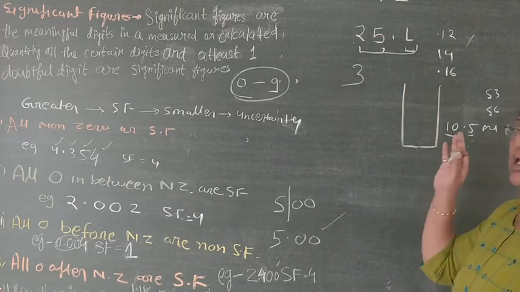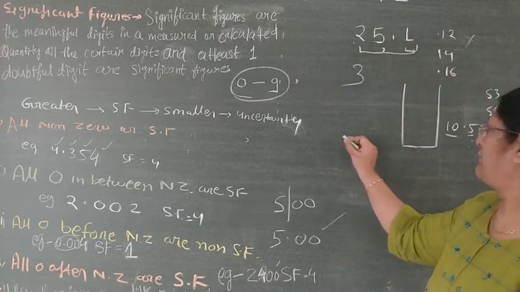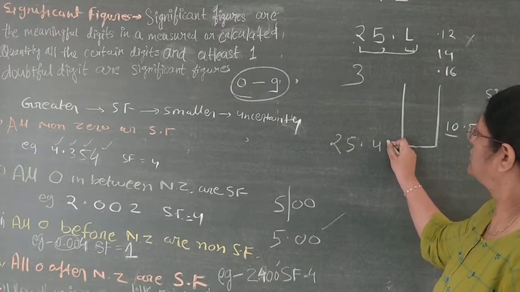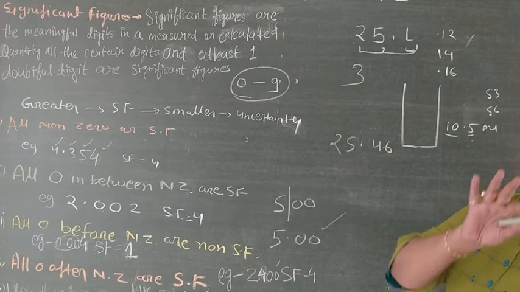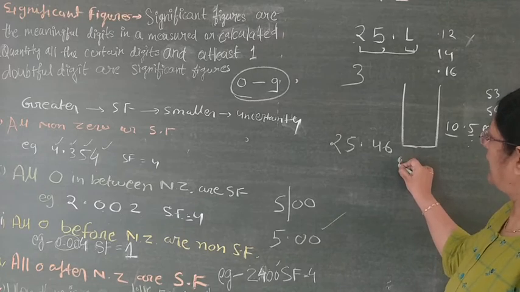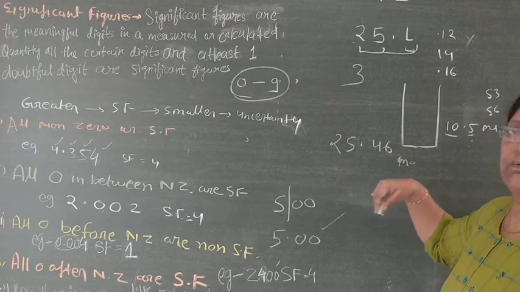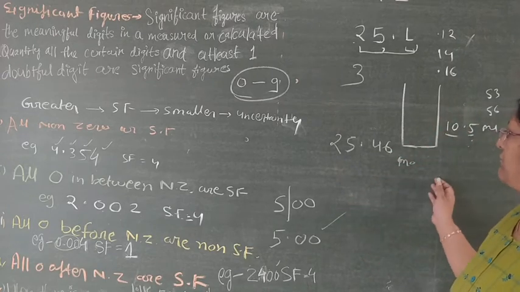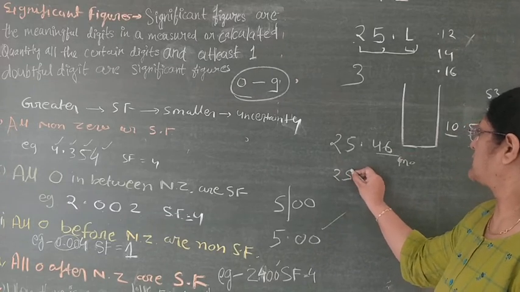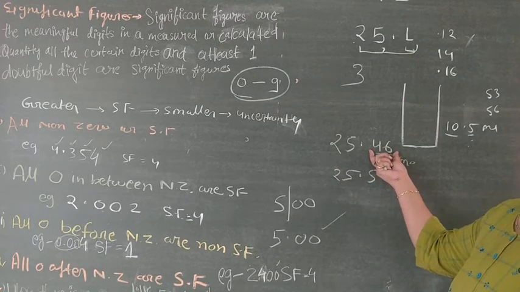But if I want to decrease the number of significant figures, what do I have to do? Suppose I am writing 25.46. If the last digit is 5 or above 5, then I will go to the next number. Above 5, if the end digit is there, I will go for the next number. So it will be 25.5. It will come in the range of 50.